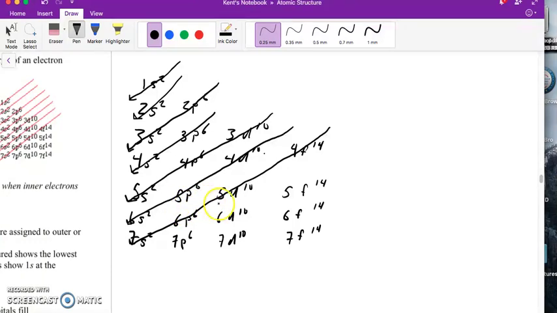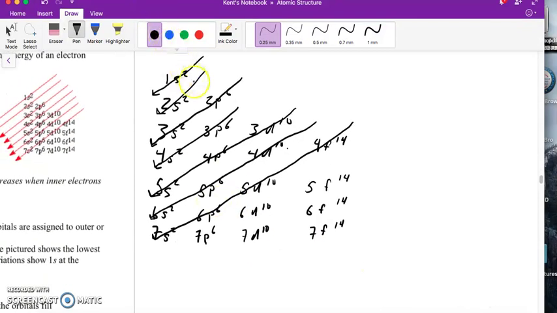Okay. All right. So now that we've established that they fill from lowest energy to highest energy, I want to talk about what makes 2p higher energy than 2s. I want to talk about what makes 3p higher energy than 3s, right?